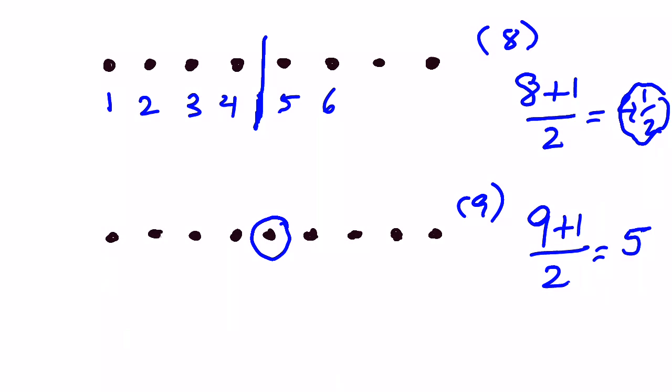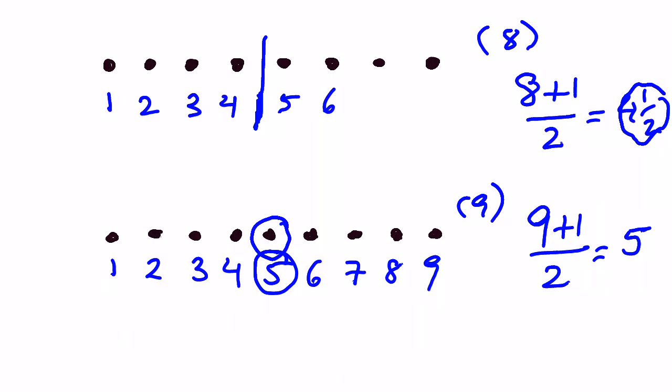In my odd number of values example, 1, 2, 3, 4, 5, 6, 7, 8, 9, it's my 5th value. It's not actually worth 5, I don't know what the number is, but it's the 5th one that is going to be my median. Okay, so that's a straightforward explanation of the difference between when I've got even or odd number of values for finding median.